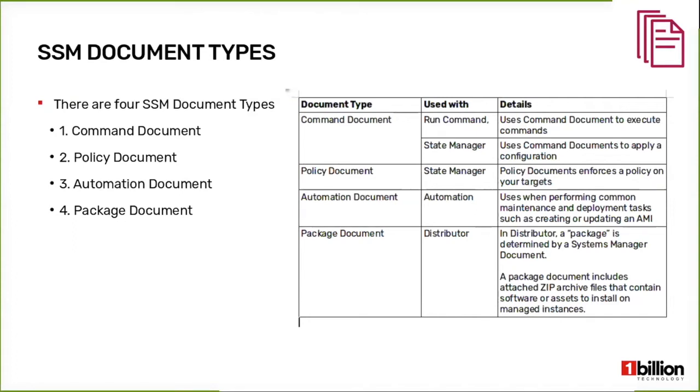Automation is like, in Lambda you find Step Functions, right? Similar to that, you can have an automation workflow in SSM as well. So if you want an automation workflow, use an automation document. Package document is something similar to, you know about Docker, right? Something similar to that. You just package it and put it to S3, and from S3 you deploy it into all.